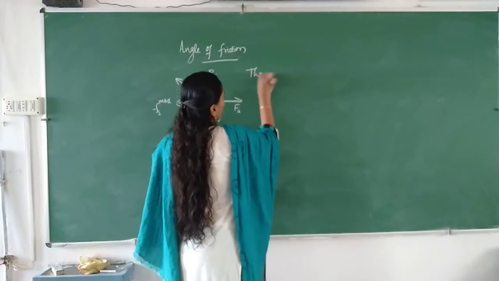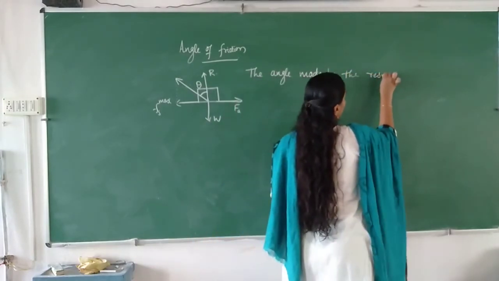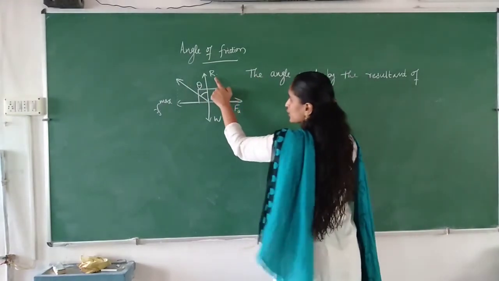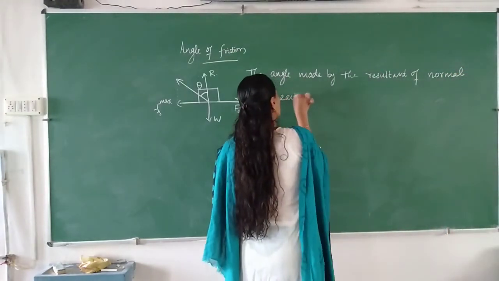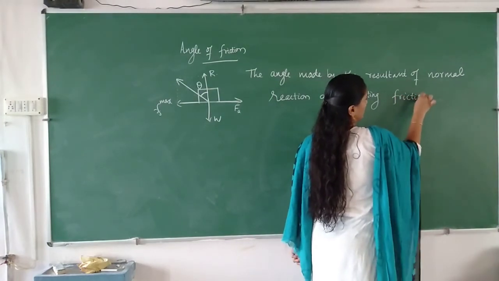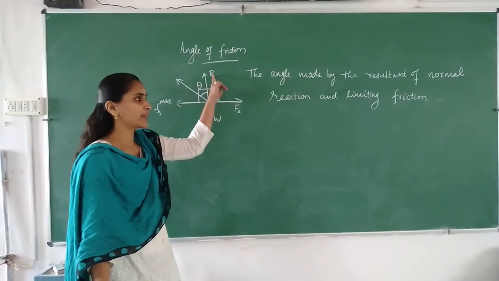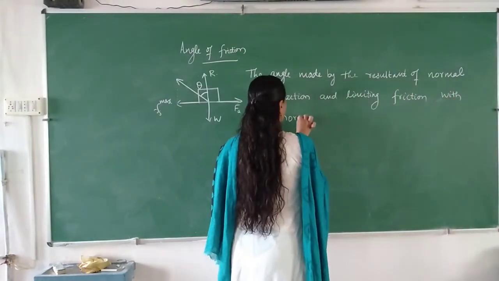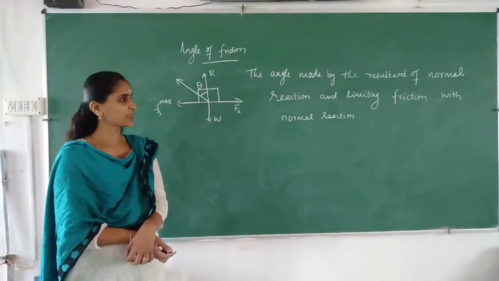The resultant of limiting friction and normal reaction makes an angle with the normal reaction.